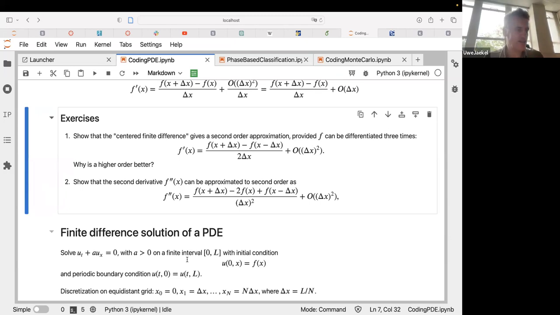There have been several attempts to combine the solution of partial differential equations and machine learning. For instance, you can use machine learning to solve partial differential equations, to kind of learn the solution of a partial differential equation. That's also an active field of research.